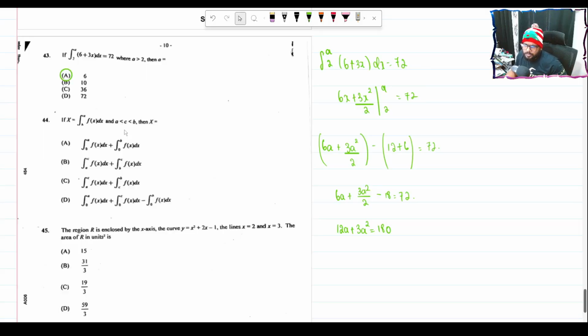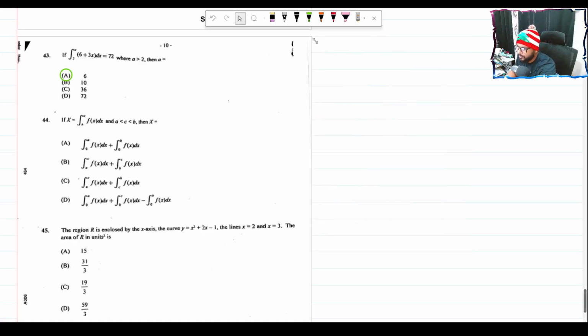If x is equal to this, now, we don't need this no more. Watch this, right? This is a nice question. It comes very, very often, extremely often. If I have a graph, let me have a curve, and let me call this curve f of x.